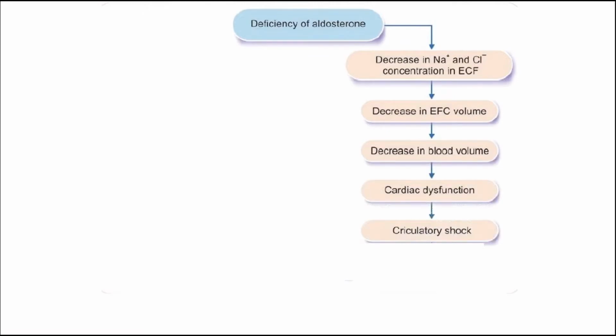Next, aldosterone is essential for our life, because if there is deficiency of aldosterone, less sodium and water will be reabsorbed, so it will cause a decrease in the extracellular fluid volume, that will ultimately cause a decrease in blood volume, cardiac dysfunction and circulatory shock.